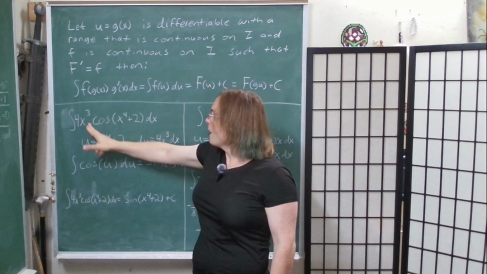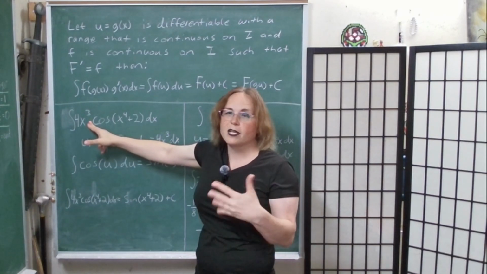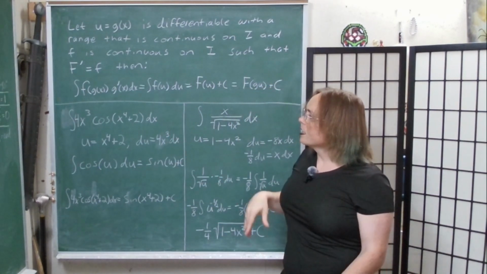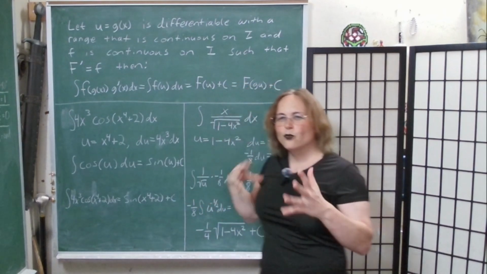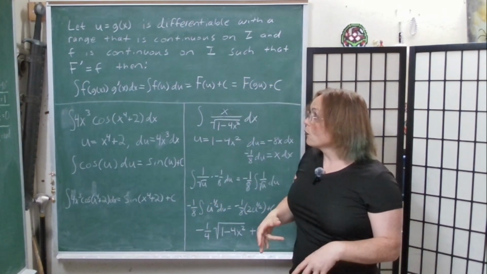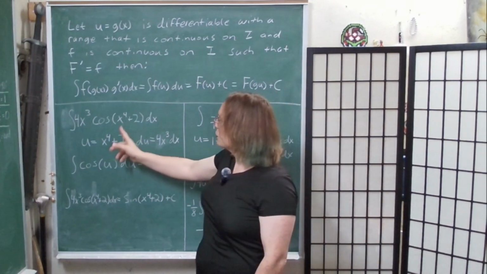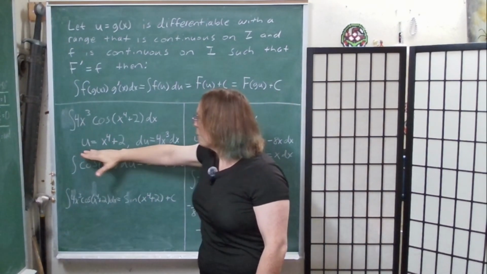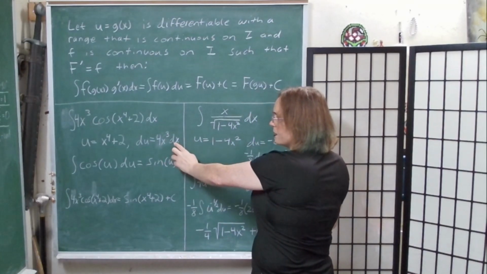Now, if we had a plus here, we wouldn't need to really use U substitution, because we could just do normal differentiation. But in this situation, because these are multiplied, we don't really have any rules that help us with this. So this is a perfect candidate for U substitution, because if we substitute x to the fourth plus 2 for u, and then do implicit differentiation, we get 4x cubed dx.